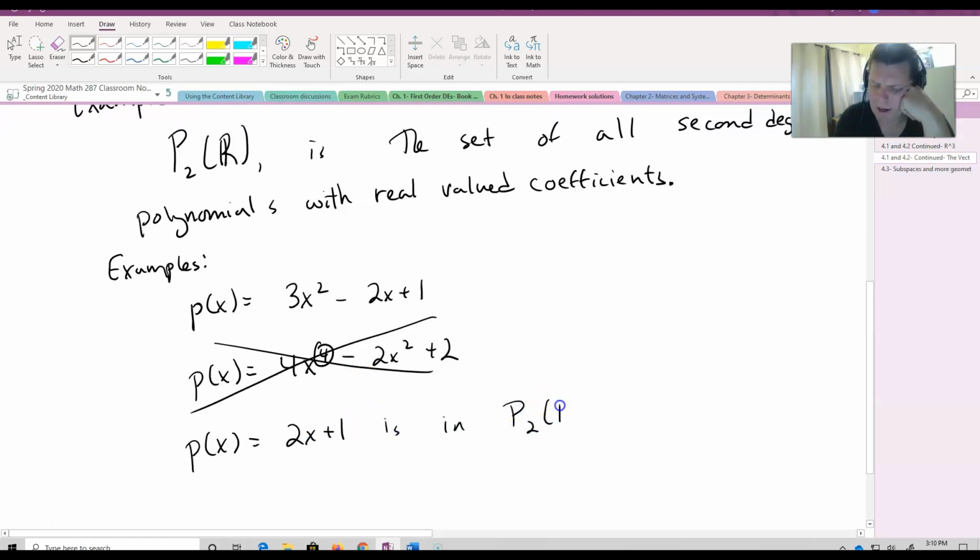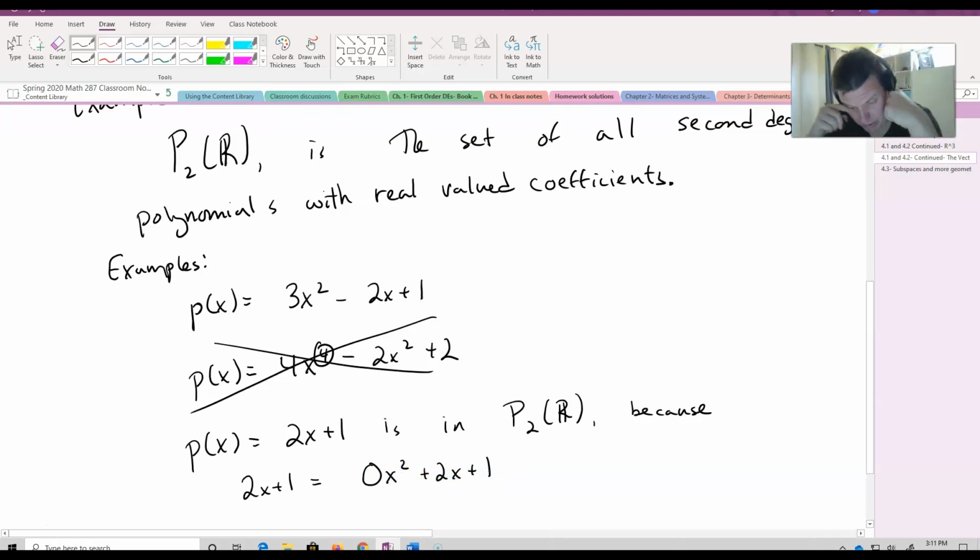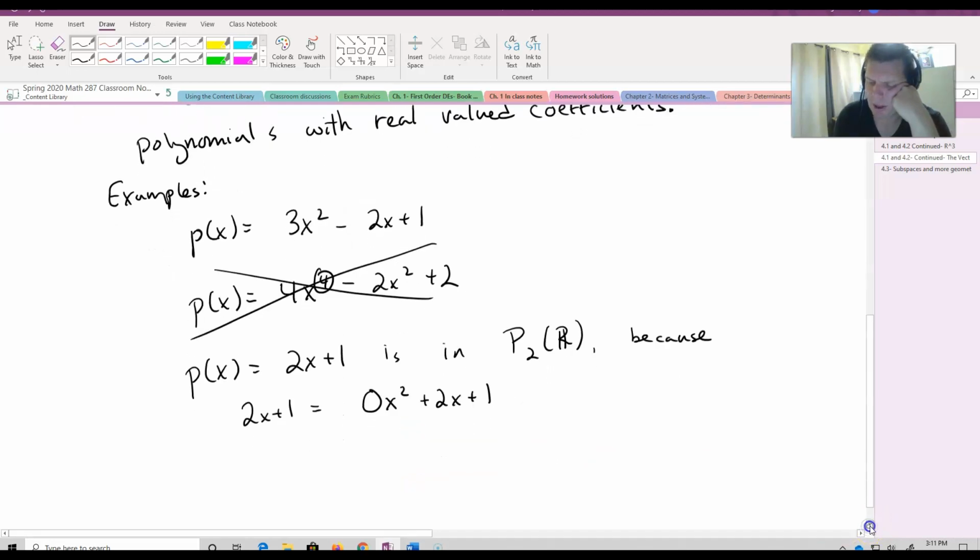And the reason why is this. 2x plus 1 actually equals 0x squared plus 2x plus 1. Since 0 is a real number, 0x squared is your second degree term. So this is in fact a second degree polynomial.